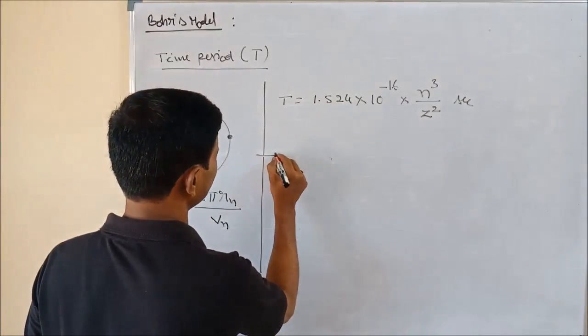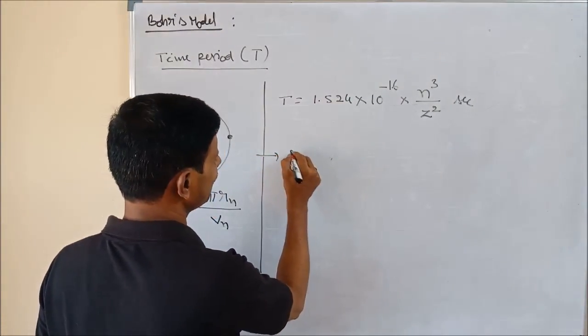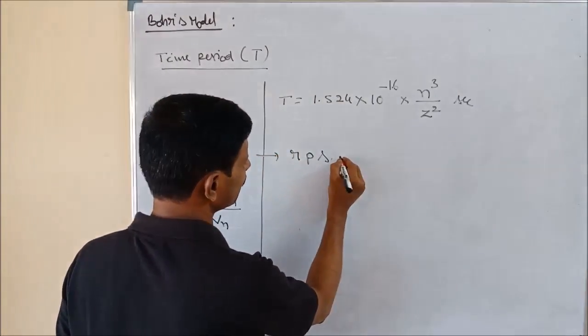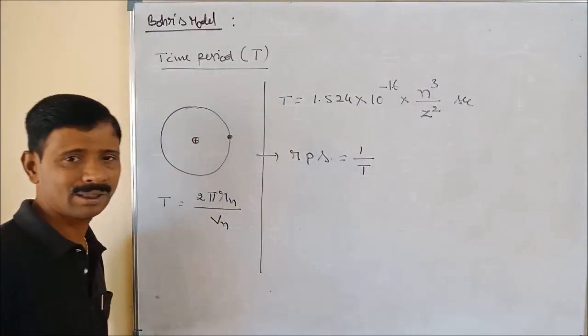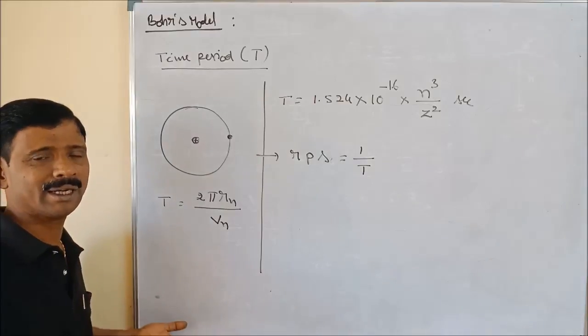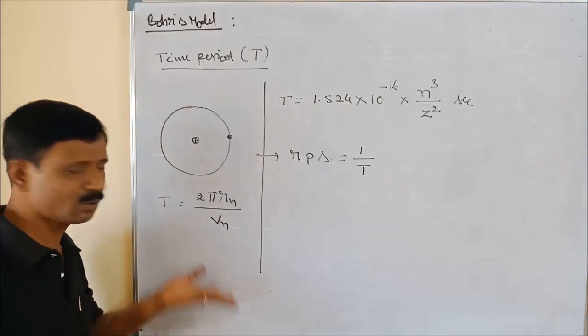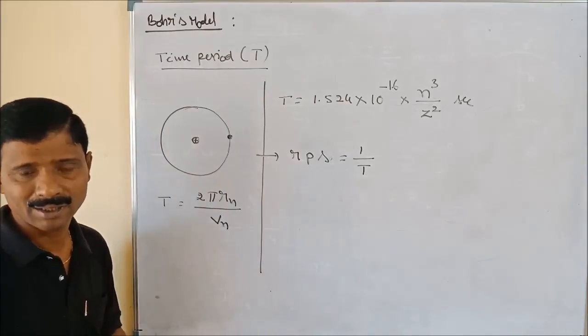Now the number of rotations per second, that is RPS. It is nothing but the reciprocal of time period. So it is velocity by 2 pi r, V by 2 pi r. That is the general expression for RPS.